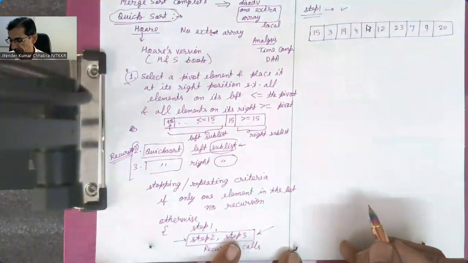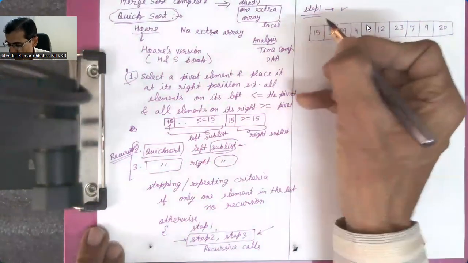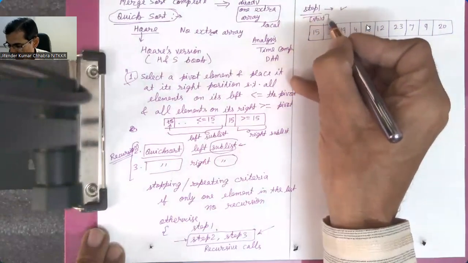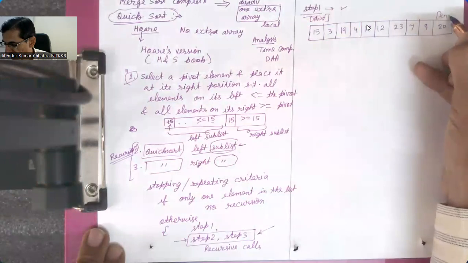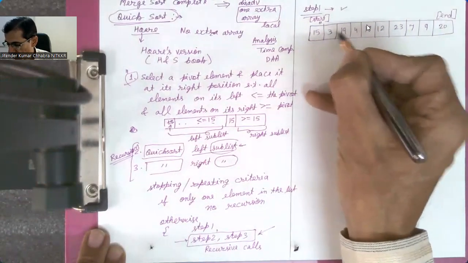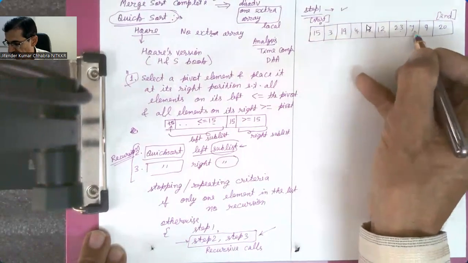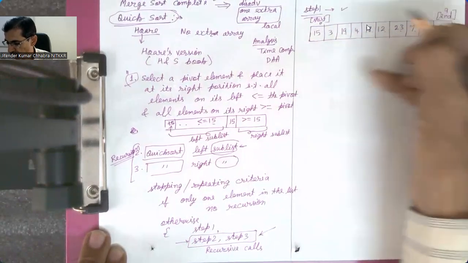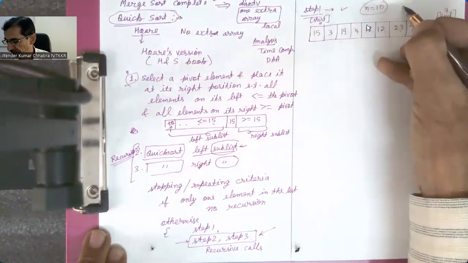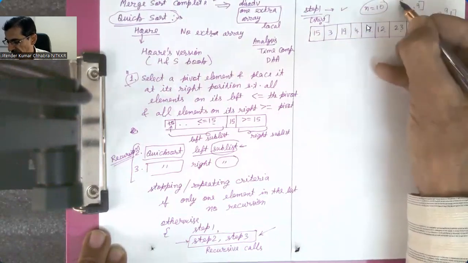So I have this data. So this is my start index, and this is my end index. Initially, it will be 0, 1, 2, 3, 4, 5, 6, 7, 8, 9. So 0 to 9, total n is 10, and I have 0 to 9 elements available at these indexes.